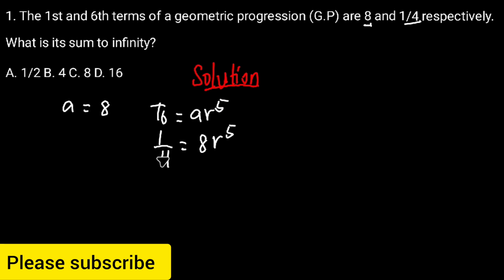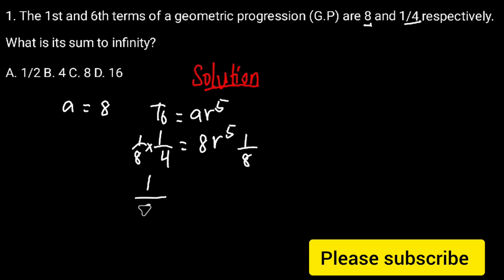Now let's multiply both sides by 1/8, so that we have 1 times 1 is 1, divided by 8 times 4 is 32. This is equal to r raised to the power 5, since the 8 and 8 cancel. Now we know that 32 is equal to 2 raised to the power 5, and 1 raised to the power 5 is also 1.